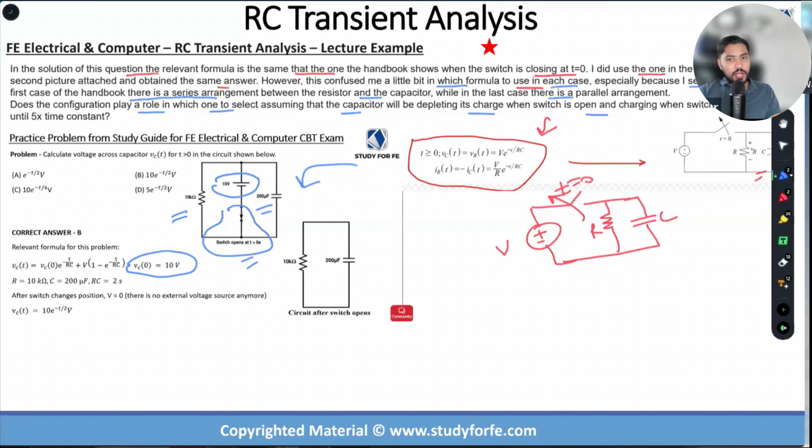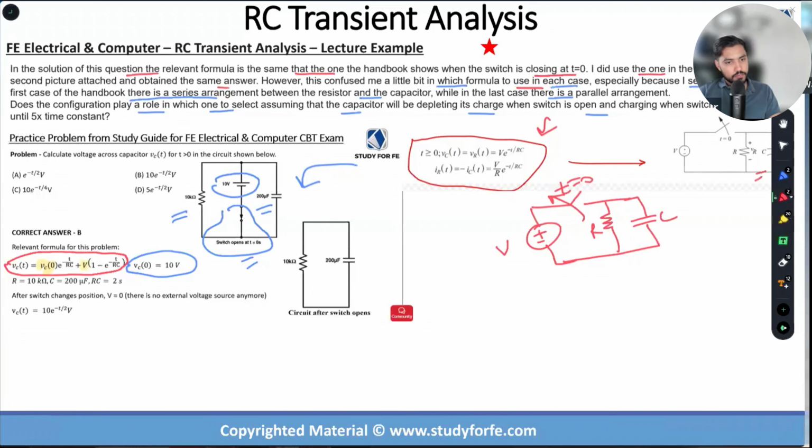Okay. Now, the formula that we used in the previous example, and the one that I'm using in this example as well, is this. The voltage across a capacitor as a function of time depends on what the initial voltage is and what the external voltage is.